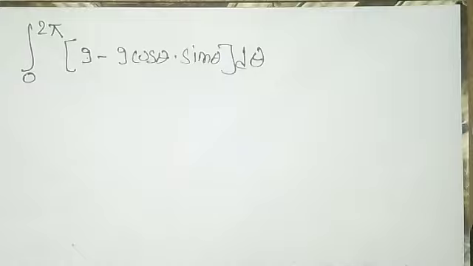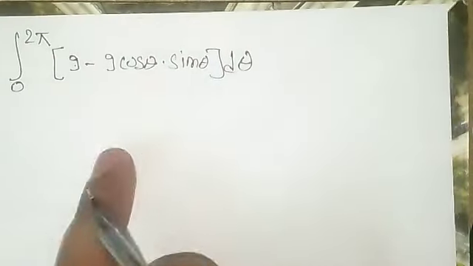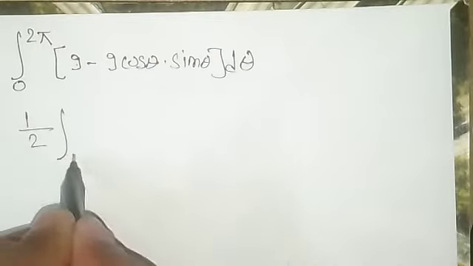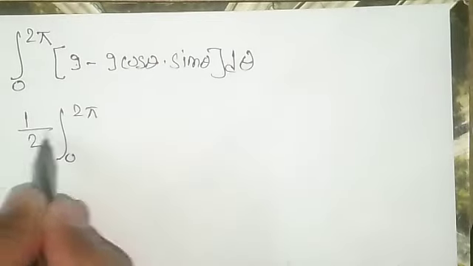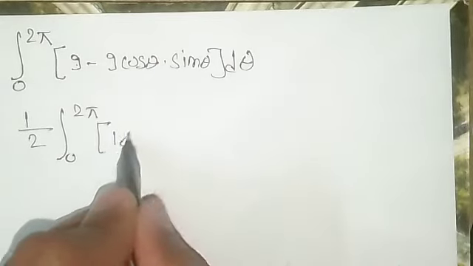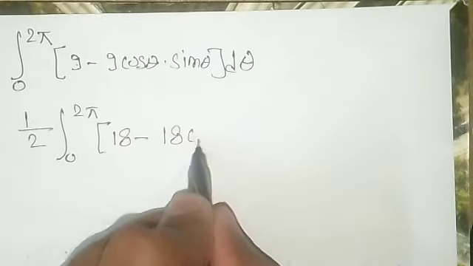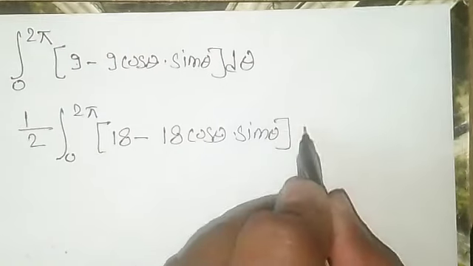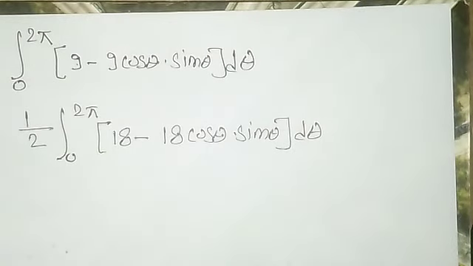Let's multiply with 2 and divide with 2. So this becomes half integration from 0 to 2 pi of 18 minus 18 cos theta sin theta d theta. Any problem?